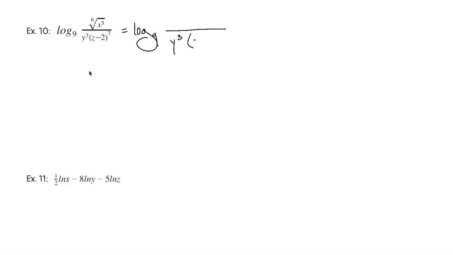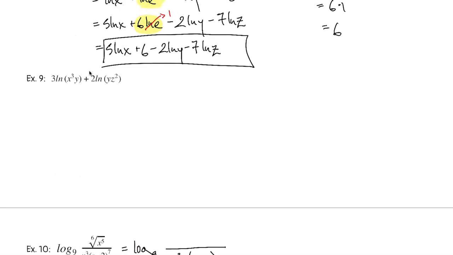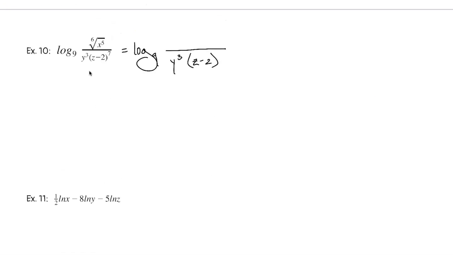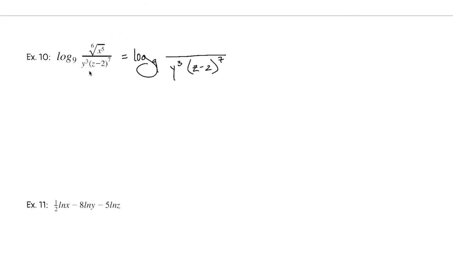And then I also have z minus 2 to the 7th. So I know at some point that 7 is going to have to come down to the front. And why would I put z and 2 in the same problem when they might look like each other? To help myself from mistaking the two, I put a little squiggle through my z so I know it's a z and not a 2.